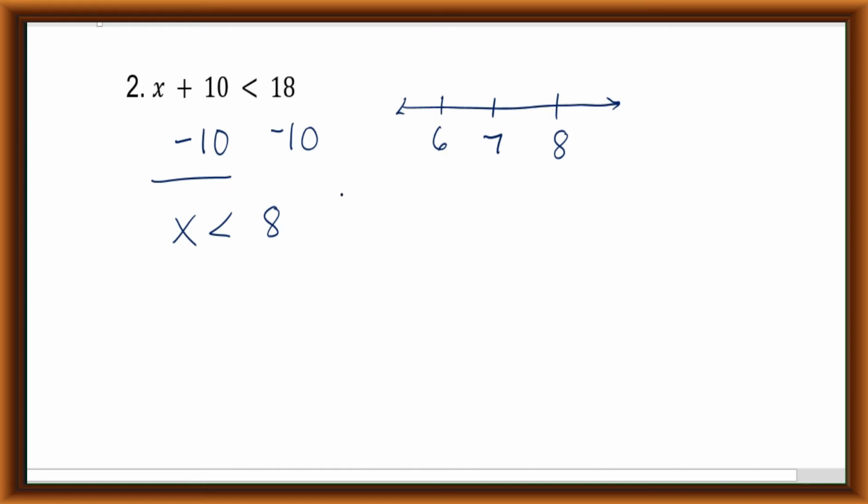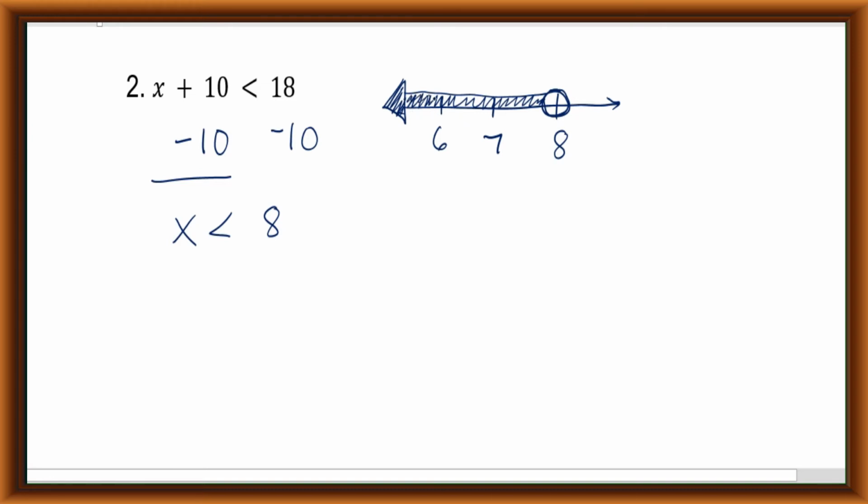Since we have less than 8, let's exclude 8. Then shade, this time going to the left side.